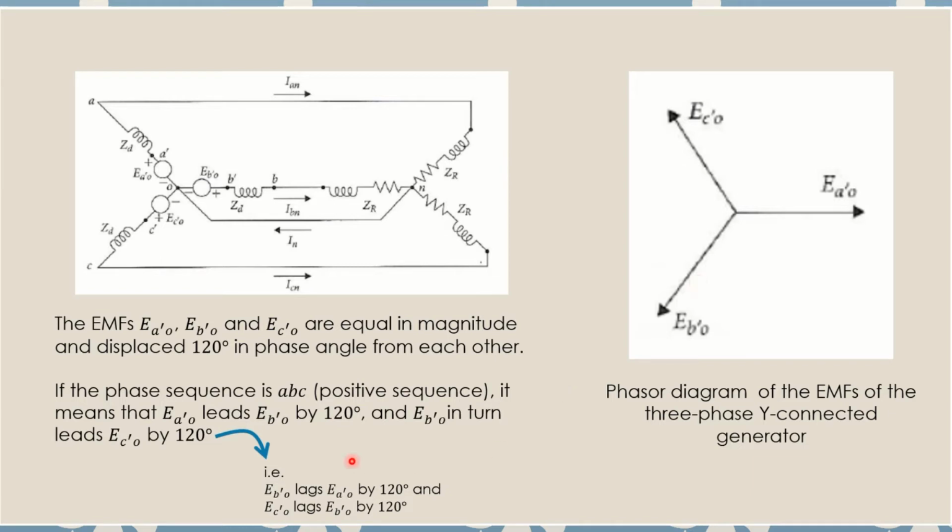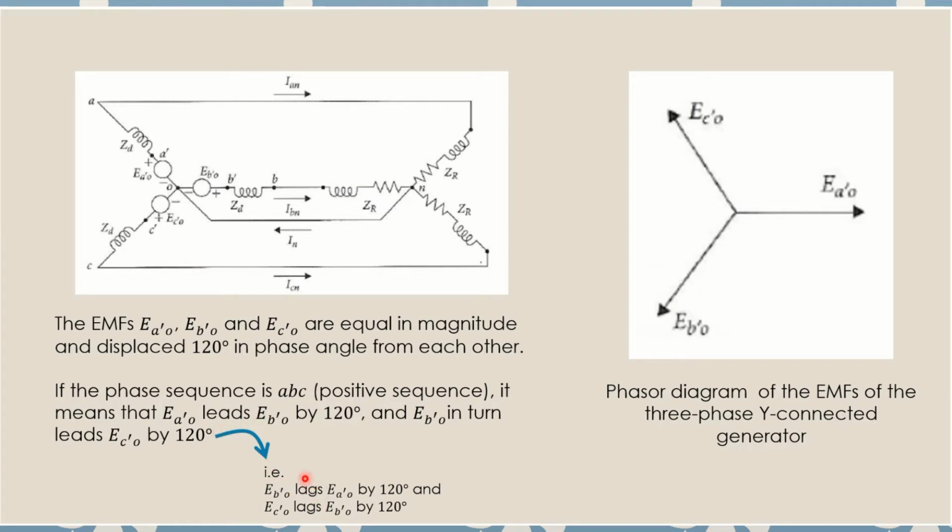In the three-phase system, there's a sequence. We say that ABC is a positive sequence. So we have two sequences: one called lead, and the other called lag.